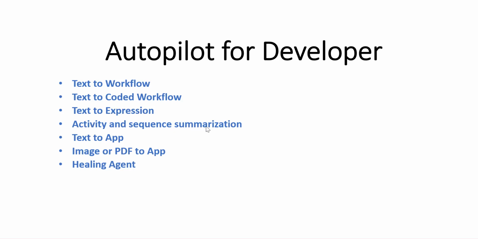Activity and sequence summarizing I didn't touch, but later I will tell you. Text to app I already covered. Image or PDF to app we have already covered. Healing agent already covered, right? So these are the features available in Autopilot for developers, but we are still trying to explore the other features. If I find any other feature, I will surely explain it to you, right?